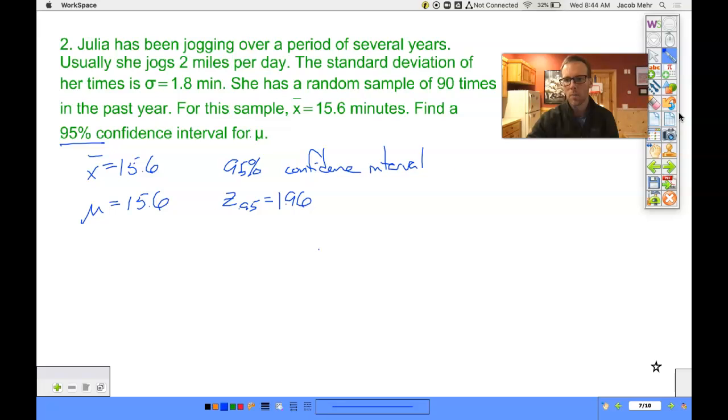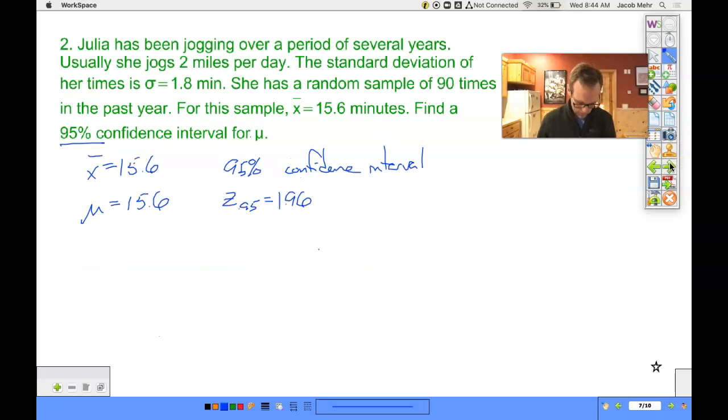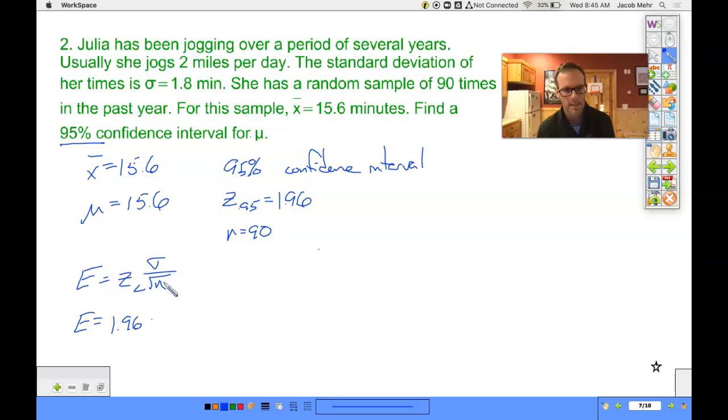Okay, so we have to look back at our error formula. The critical z-score times the standard deviation divided by the square root of n. Now recall n on this one is 90. So our error, critical z-score times the standard deviation divided by the square root of n. So our error in this one, 1.96 times our standard deviation was 1.8 divided by the square root of 90.